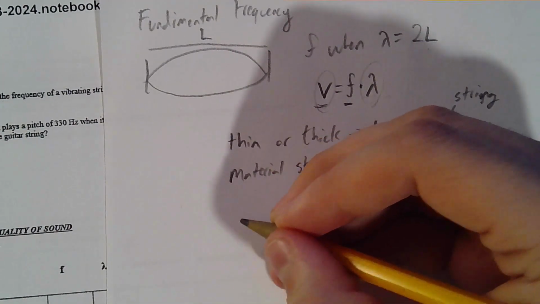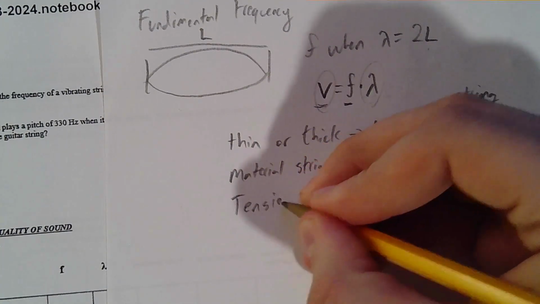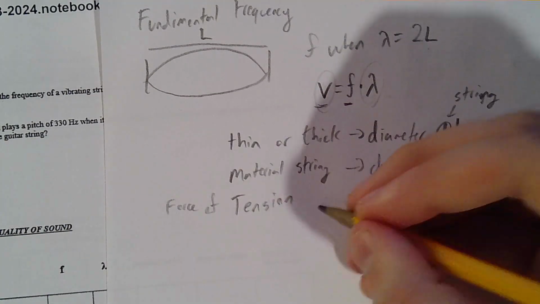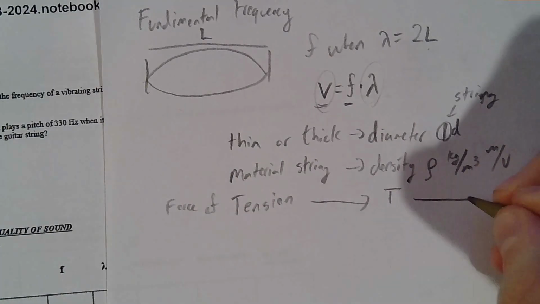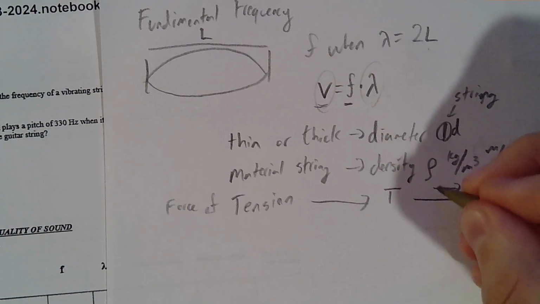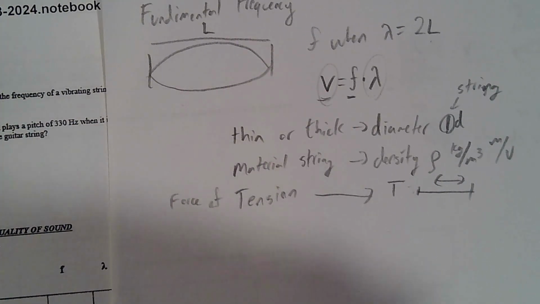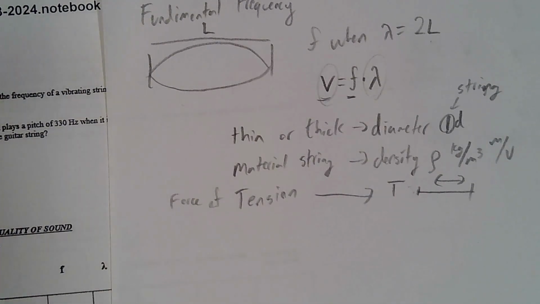And then finally, the last thing that really matters is the tension, the force of tension that is in the string, right? So however stretched the string is, whatever is pulling the string this way or this way. Anyone who plays a stringed instrument could tell you that these things can affect the frequency of, say, a violin string.